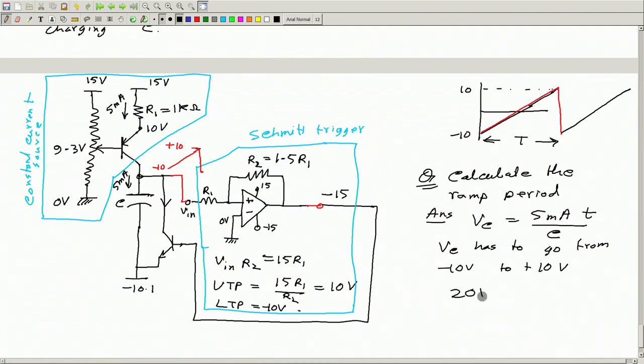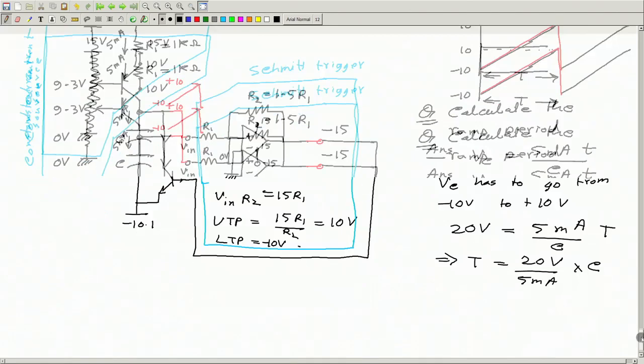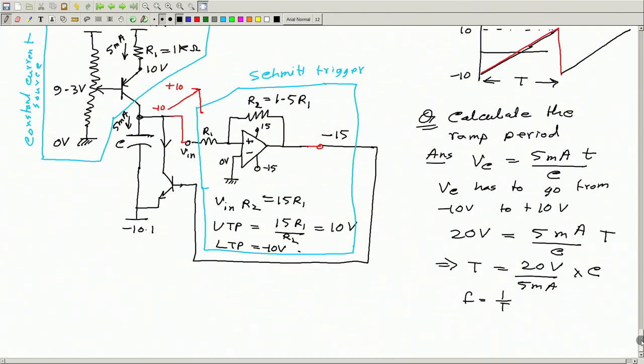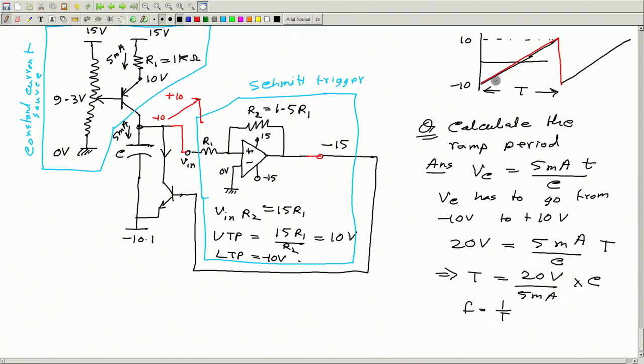So I can write 20 volt, I am doing it very quickly, is equal to 5 milliampere by C multiplied by the time period. From this you can calculate the time period, which is same as 20 volt by 5 milliampere multiplied by C, and the frequency will be 1 over T. Okay. And can we calculate the height of the, this we already have, no, so we need not calculate. So this is from -10 to +10.